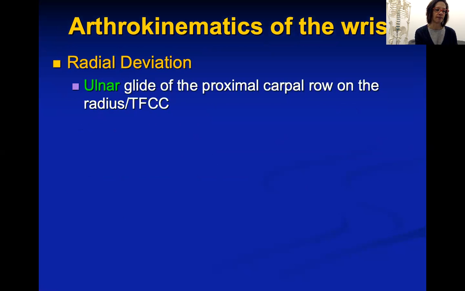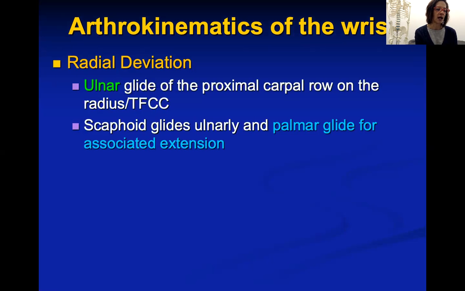Radial deviation. If we're going to move toward the radial side, the proximal row, being convex, is going to glide ulnarly on the radius and TFCC. Now the scaphoid glides ulnarly, and remember we said the ulnar side will be a little more stable in this case.